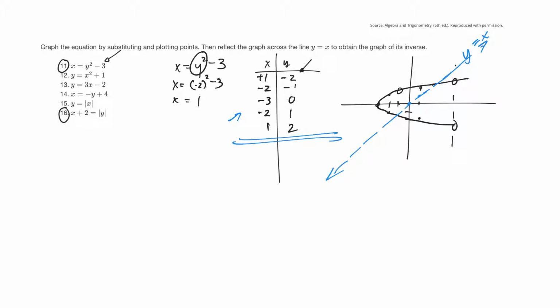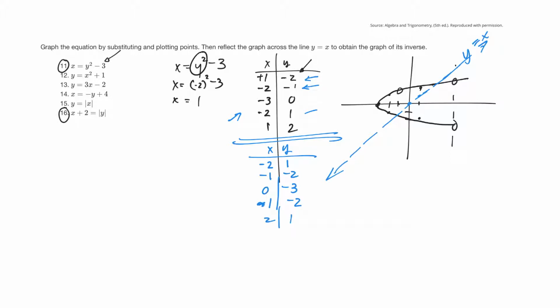So let's do an x and a y, and then for the inverse function, all these points would just swap. So x is -2, y is +1; -1, -2. And all I'm doing is swapping these around. So 0, -3; 1 and -2; and then 2 and 1.